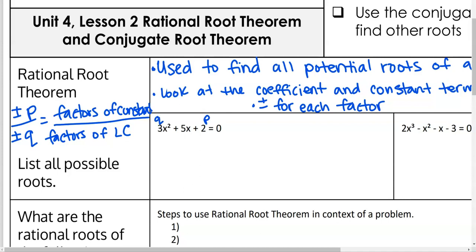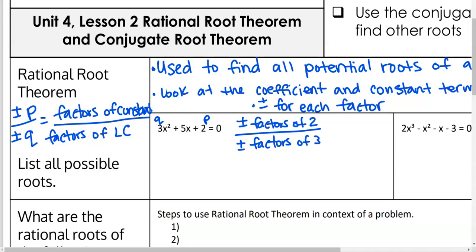P's over Q's. So our factors of our constant over the factors of our leading coefficient. So I need positive and negative factors of 2 divided by positive and negative factors of 3.